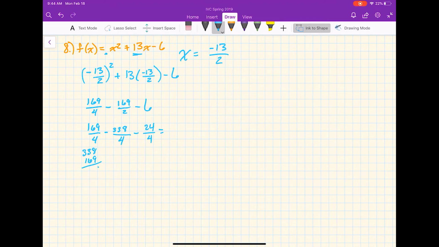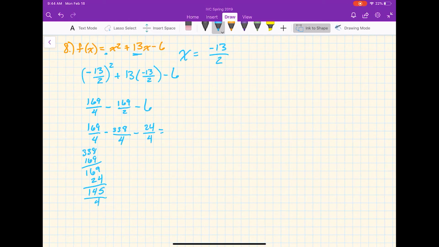I'm brain locked. 9 from 18 is 9. 6 from 12 is 6. And 1 from 2 is 1. 169. Oh, man. I should have totally been able to see this. I just did this in my head the other direction. Anyway, I'm going to add 24 to this. I'm subtracting. Why am I subtracting? I need to add 24 to this because I'm already negative.